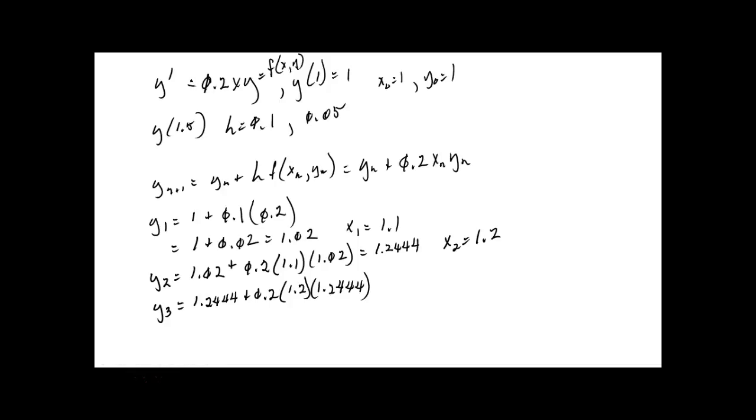Calculators, calculate. Okay, so you got x2 equal 1.2. What did you add, 1.1 plus 0.1? To get x2, you add another h to x1. So you get 1.1 plus 0.1. Yeah. Okay. 1.2. Calculate. 1.543056.